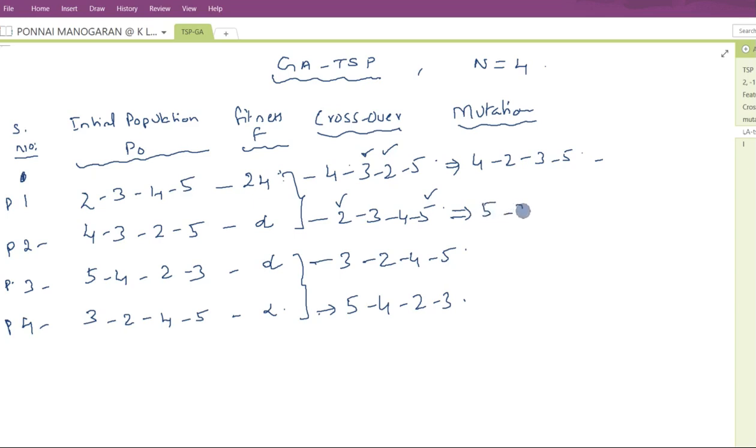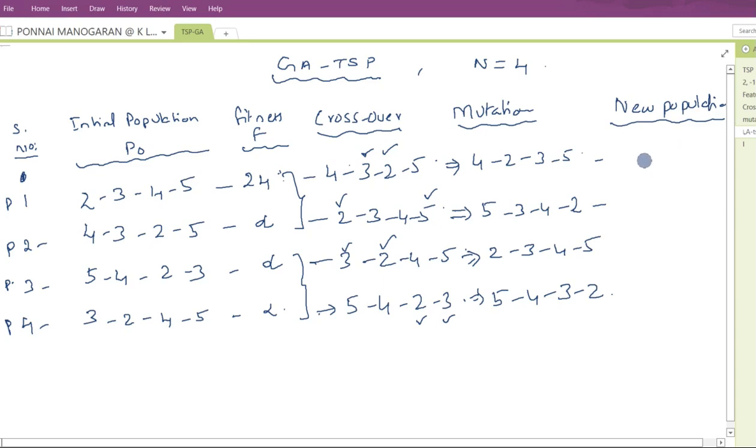So 5 3 4 2, and you select these two positions and perform exchange: 2 3 4 5, and let us select these two: 5 4 3 2. So now we got mutation. After mutation, this is our new population.